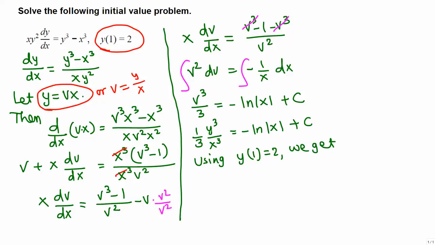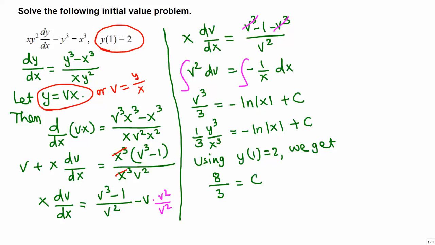So 2 cubed is 8, over 3 times 1 cubed, just 3, equals negative natural log of 1. Natural log of 1 is 0, so this is 0, plus c is c, so c is 8/3.